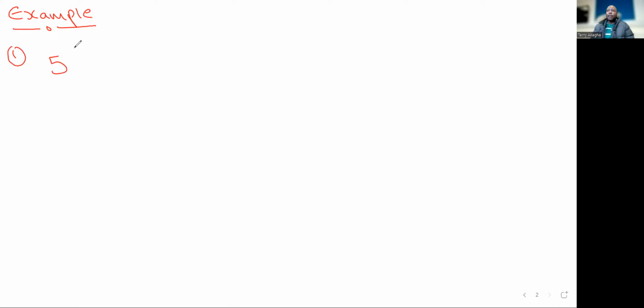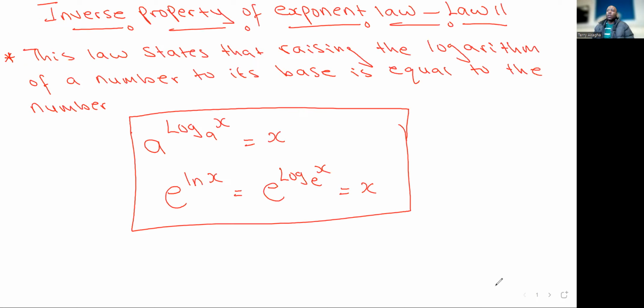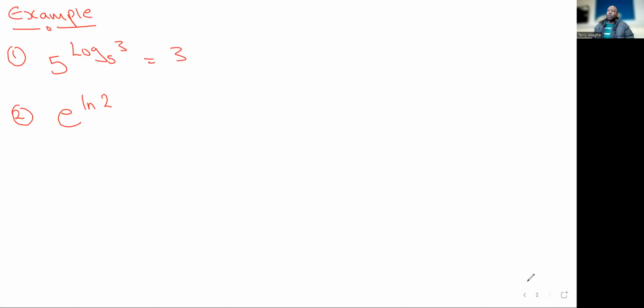So we have 5 to the power log of 3 to base 5. Because they are the same, it's going to give you 3. We have exponential ln 2. Remember I told you ln is the same thing as log to base e, so because it's the same thing, it's going to give you 2.